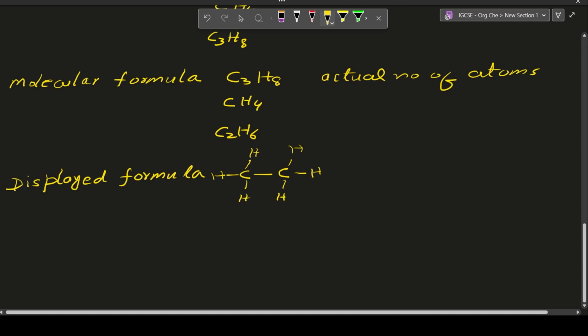So this is the displayed formula of C2H6. How are we going to define it? It shows the arrangement of atoms and the bonds between them.